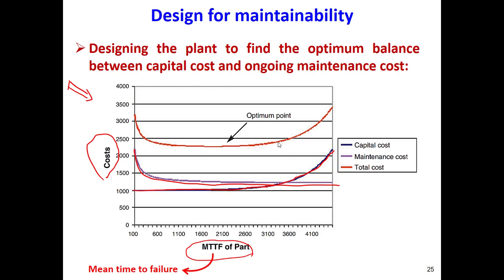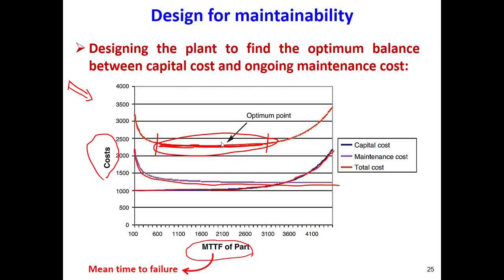There is an age, a range, where the total cost, which is the maintenance and capital cost, will be minimized. Let's say this range is the minimum total cost. This range tells us the best time range in which that equipment or part can be used.